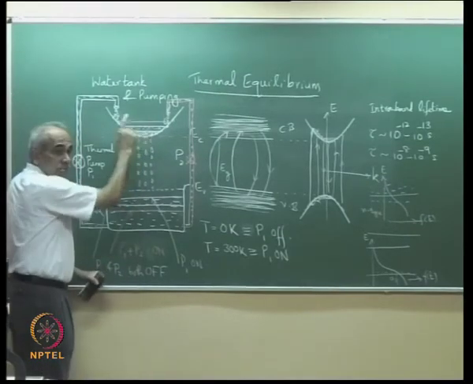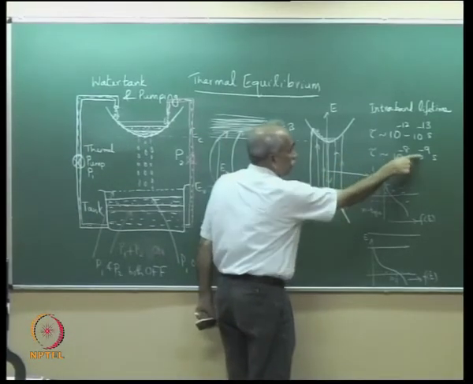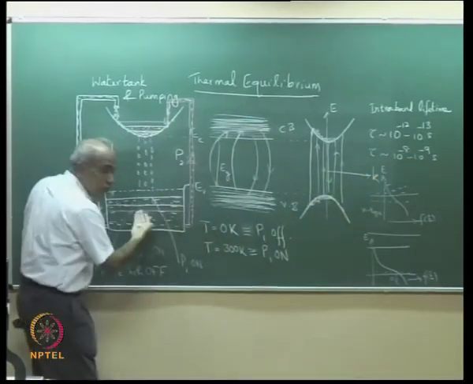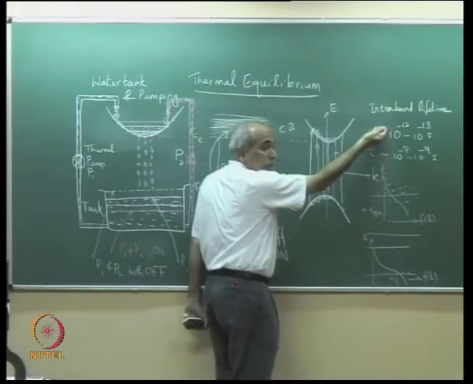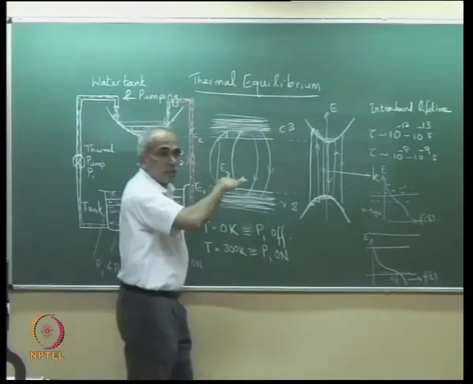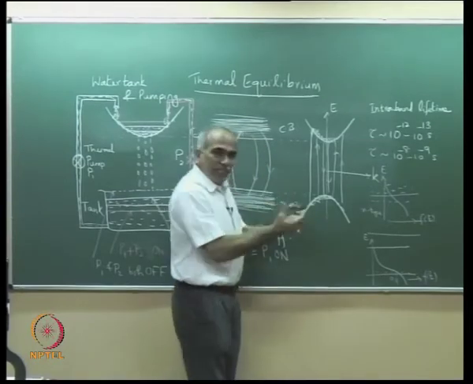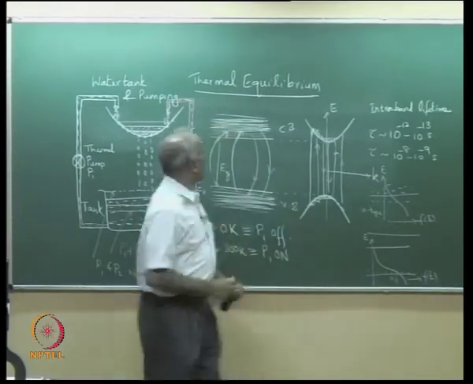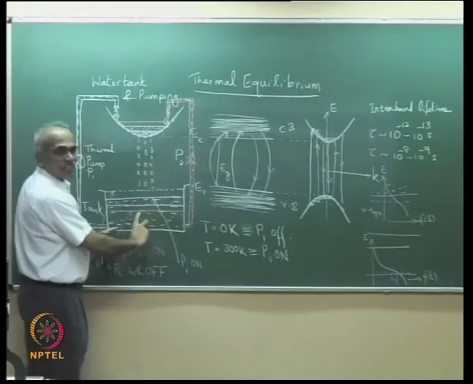They are at steady state because the time at which the transition is taking place is much longer compared to this time, which is causing rapid stabilization or rapid thermalization. Therefore, at any time, if you take a photograph, there is a steady level sitting here, there is a steady level sitting here.